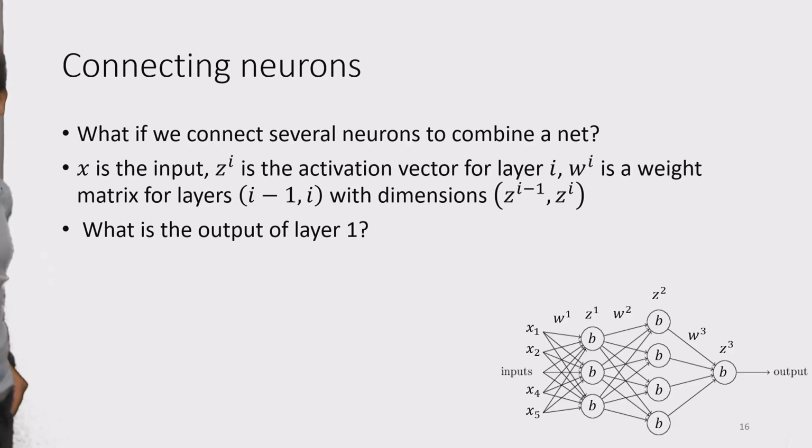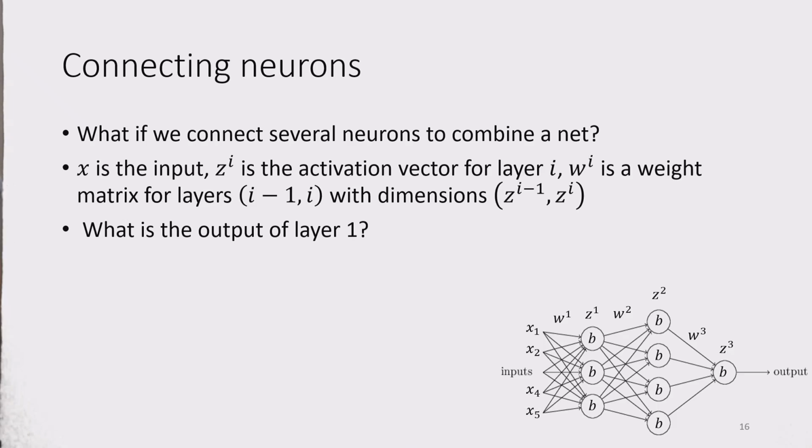Okay, now we can connect several of these neurons with activation. So, going back to the same question we asked before, what if we connect several neurons to combine a network? So as before, x is the input, zi is the activation vector for layer i, wi is the weight matrix for layer i minus 1 to i, with dimensions zi minus 1 to zi.